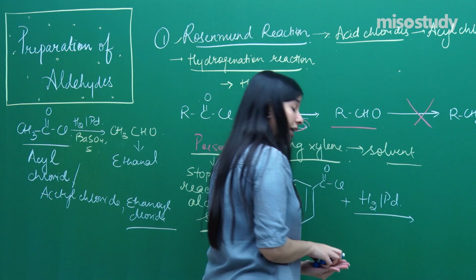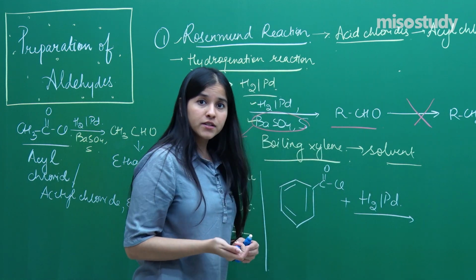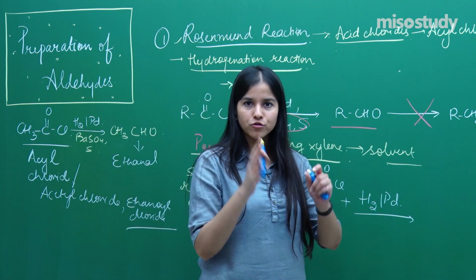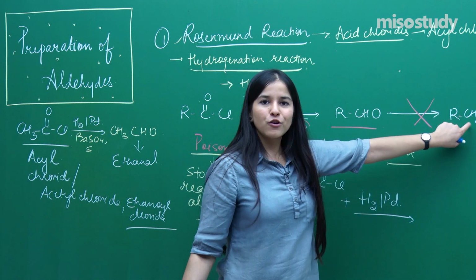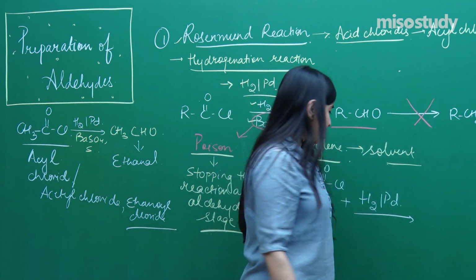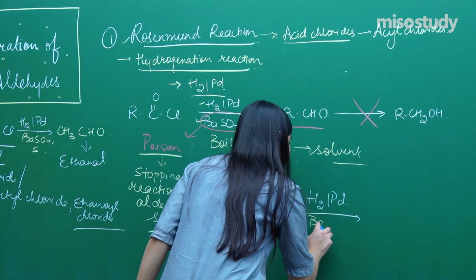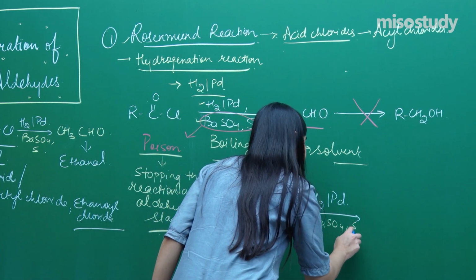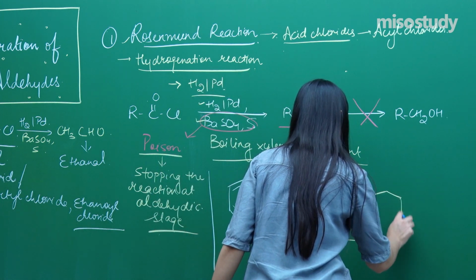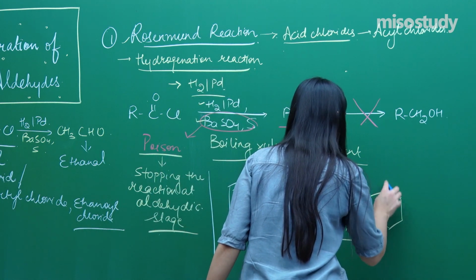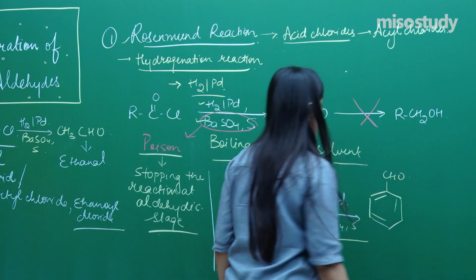H2/Pd, again I need to poison it, because if I don't poison it, if I don't stop it, it will further get reduced to the alcohol. I do not want that. Fine. So it's BaSO4 and sulfur. I've poisoned it, and what I get is, what is this known as? We already have discussed the name for this particular compound.